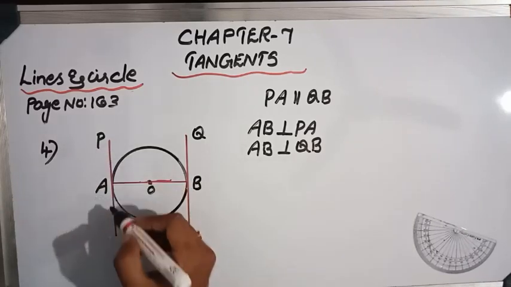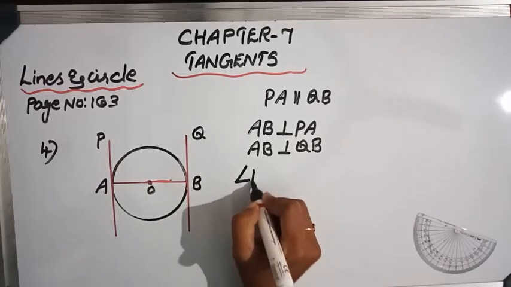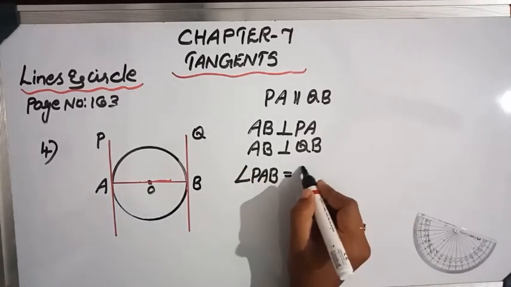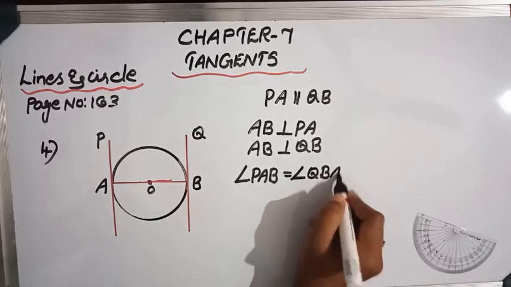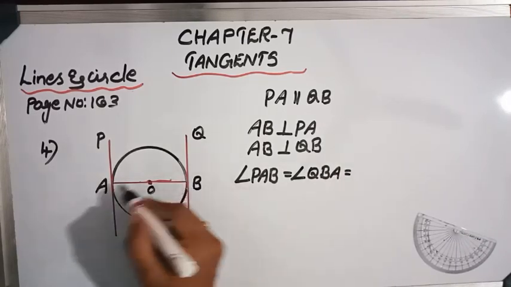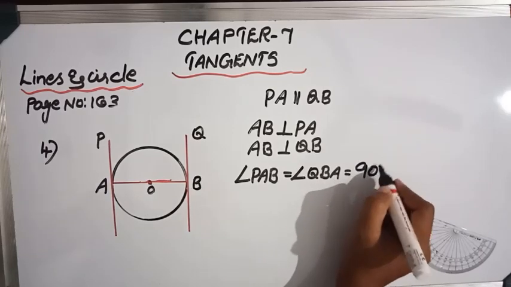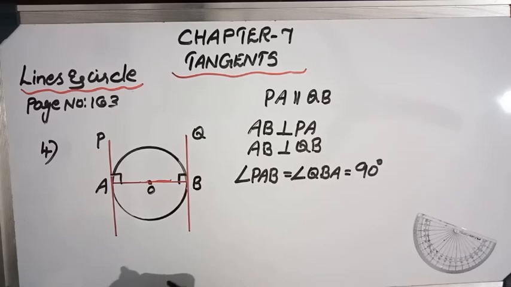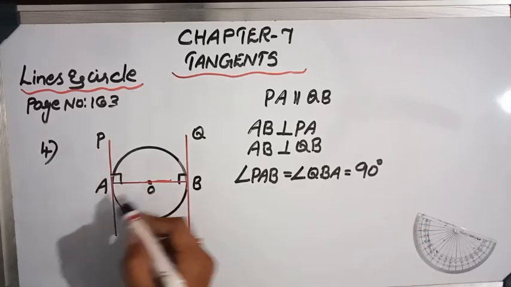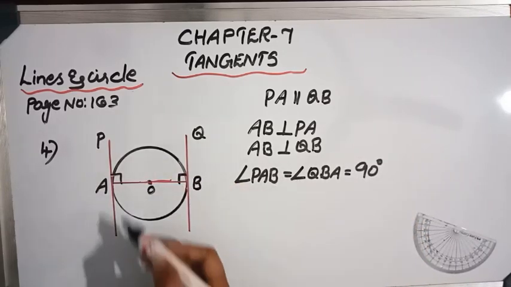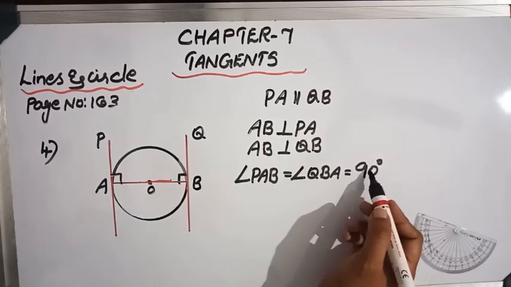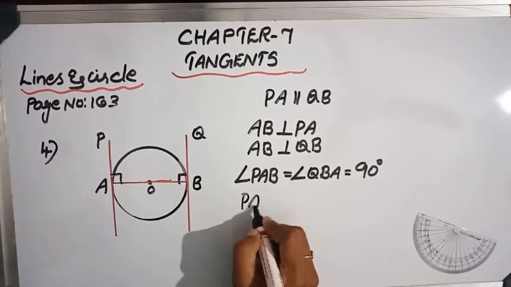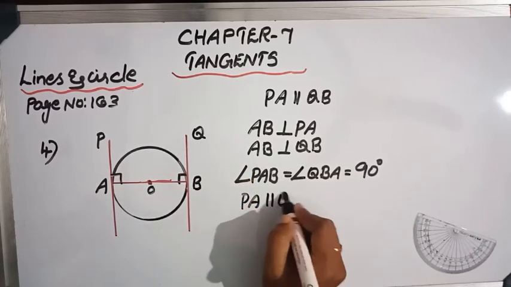So angle PAB equals angle QBA. Perpendicular means these two angles are 90 degree. This is 90 degree, here also 90 degree. So 90 degree, exact 90 degree in between means these two lines PA and QB are parallel.